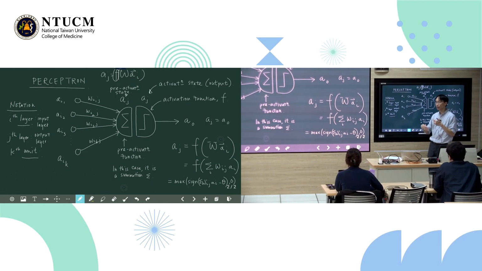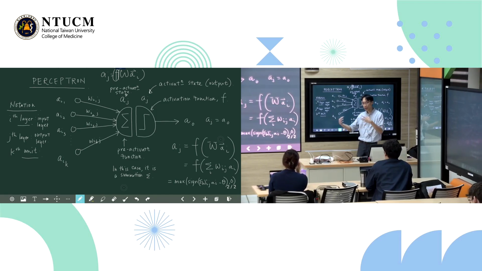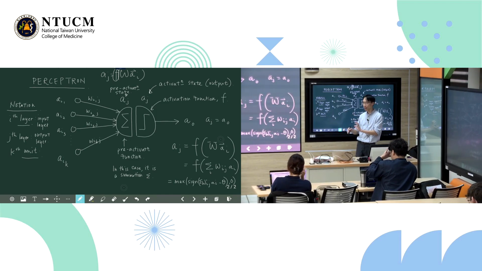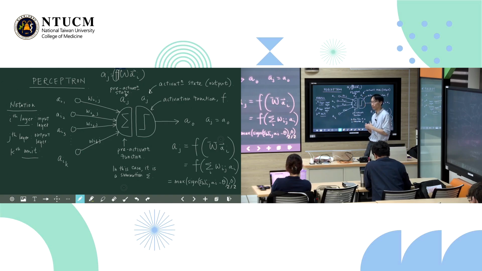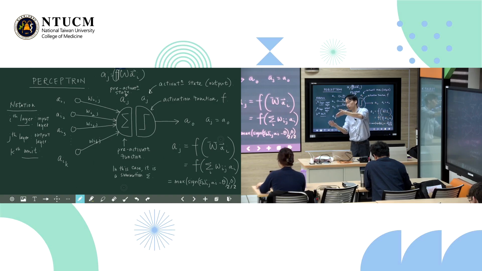And that is the activation function, which takes the pre-activation state, which itself is a pre-activation function, which is, in this case, a summation. So you've got to think of things like that. It's like a function within a function, and then it is operating from one layer, across all the units from one layer onto each unit across the next layer, the subsequent layer, okay?